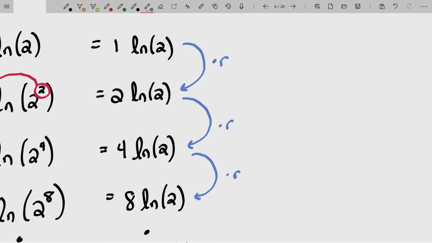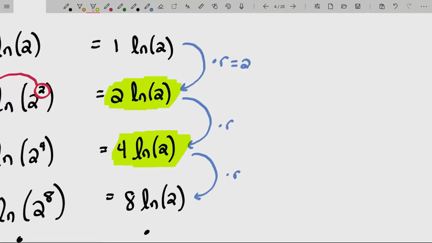And if you look, getting from the first term, which is 1 natural log of 2, to the second term, which is 2 natural log of 2, we would have just multiplied by 2. So I'll say this is equal to 2 there. The question is, getting from the second term, 2 natural log of 2, to the third term, 4 natural log of 2, did we multiply by that same common ratio?